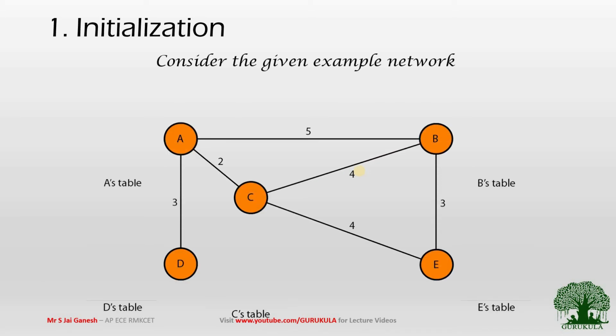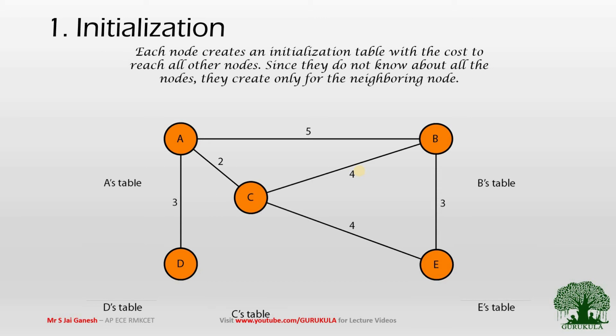As given in the example network, we could see that there are 5 nodes named A, B, C, D and E. All these nodes are connected via links, and each and every link has a cost. Now at the initialization stage, each and every node will create an initialization table with the cost to reach all other nodes.